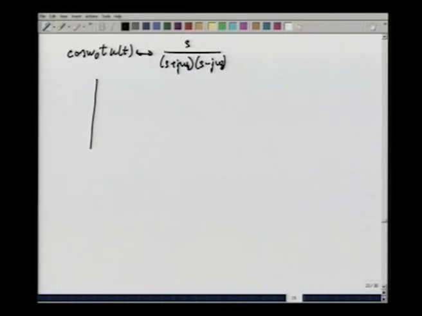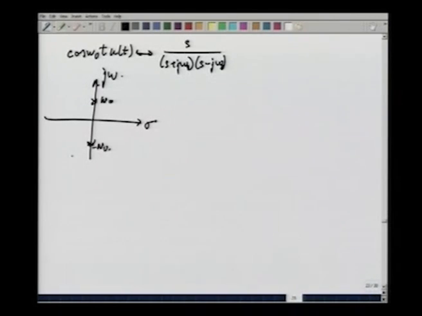Now on the s plane, where you have sigma on the horizontal axis, as I said, and j omega on the vertical axis, the roots are minus j omega naught and plus j omega naught. So you have a root over here at omega naught and here at minus omega naught. These are the two poles.